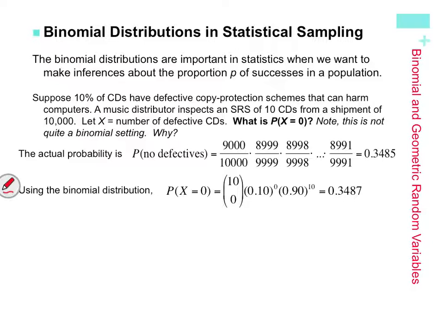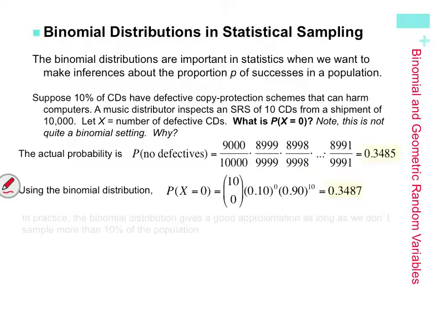So in practice, the binomial distribution gives a good approximation as long as we don't sample more than 10% of the population. As long as we're under 10% of your entire population, and 10 is definitely less than 10% of 10,000, you can go ahead and use binomial probabilities for these problems.